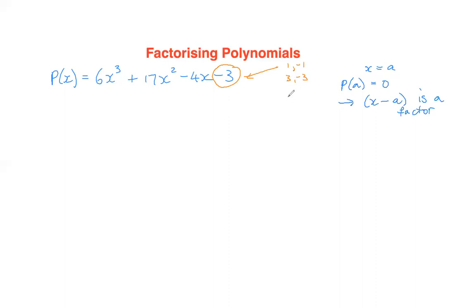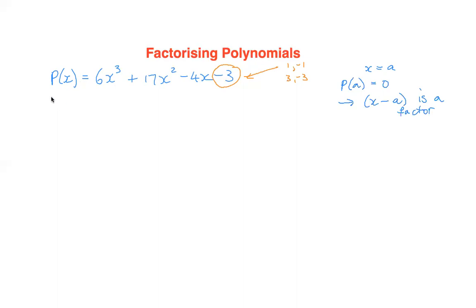That narrows it down. So there's no point putting 2 in here and evaluating because it's not going to equal 0. It's not going to work. So I recommend thinking about those factors, starting with your small ones and trying it out. Sometimes you can see whether they're going to work or not before you sub them in.